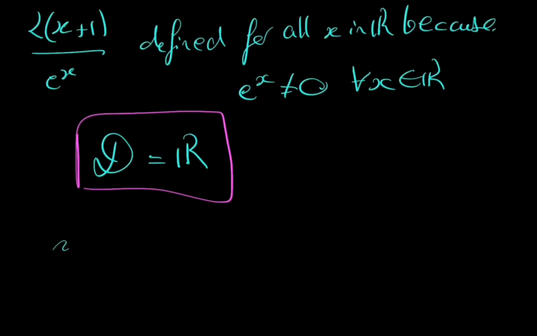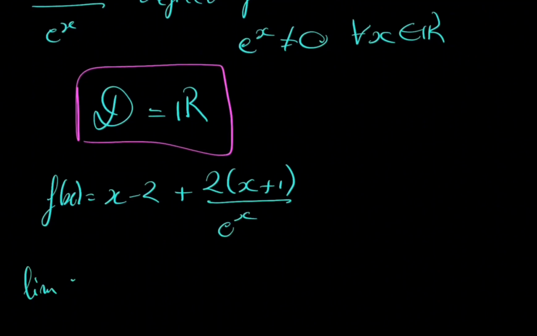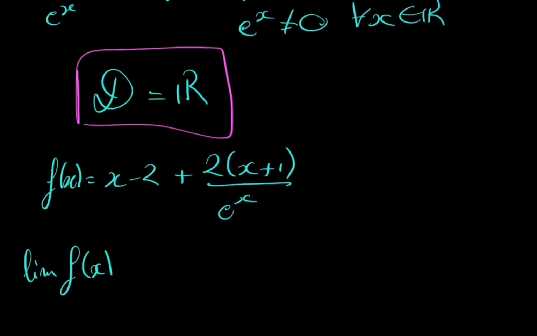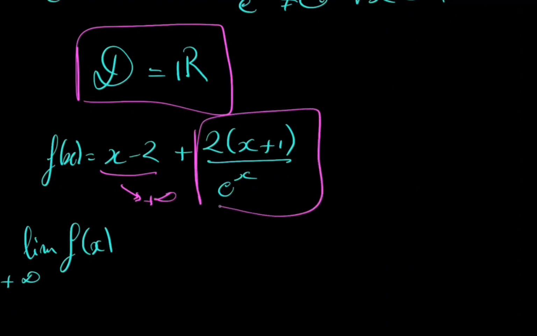Now let's remember f of x is equal to x minus 2 plus (2x plus 1) over exponential of x. Let's find the limit of f of x in plus the infinity. This is equal to x minus 2 plus 2x over exponential of x plus 1 over exponential of x.